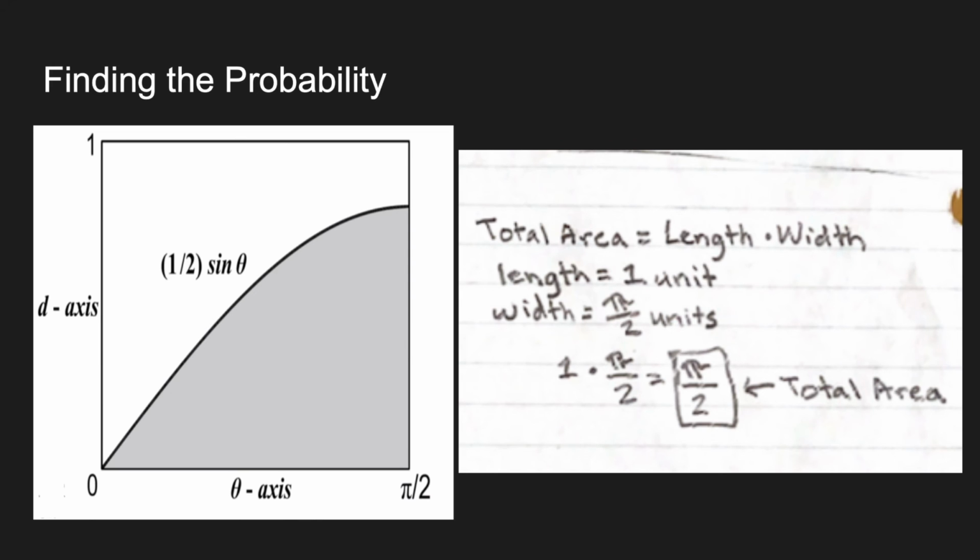That's the max it can go up to. And the width, the max the width can go up to, is equal to the theta axis, which is pi over 2. Again, that's the max restriction on theta. Then you'll multiply the length and the width together, and you'll get 1 times pi over 2, which is equal to pi over 2. So pi over 2 will be the total area of the graph.